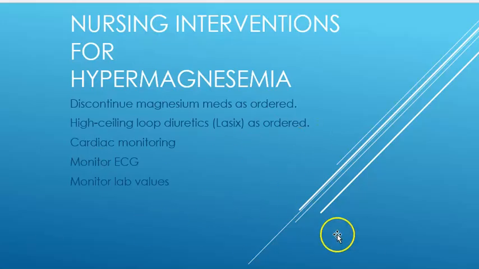Some of your nursing interventions, of course, you're going to discontinue magnesium meds. You're going to give the high-ceiling loop diuretics, which is Lasix, if ordered. Always, always, always monitor cardiac and lab values.